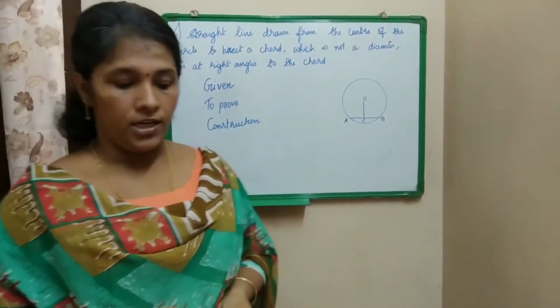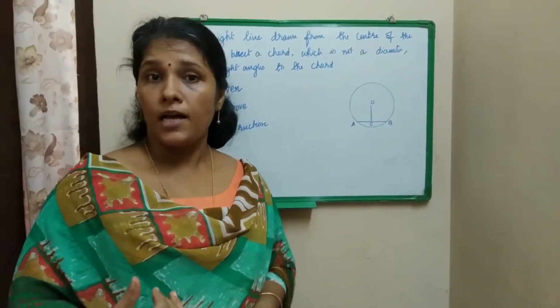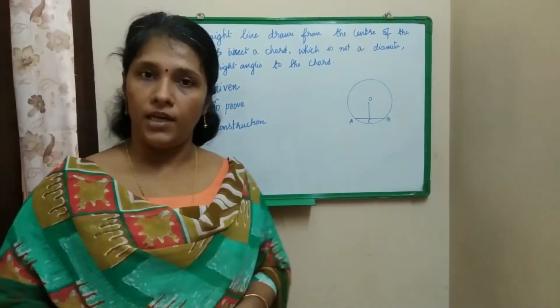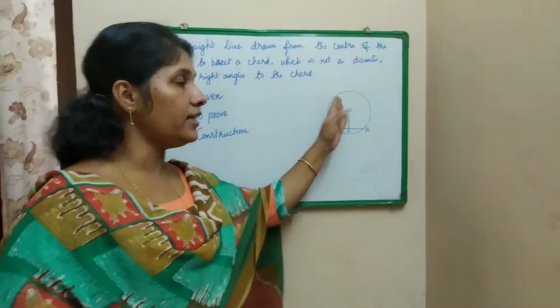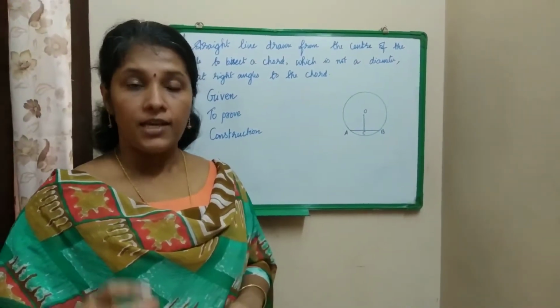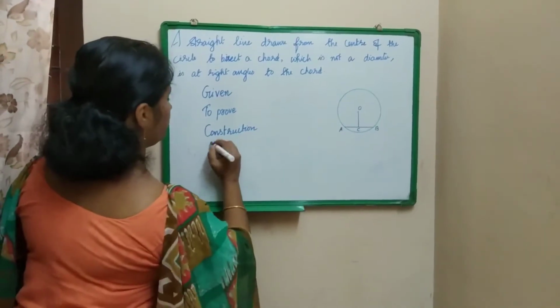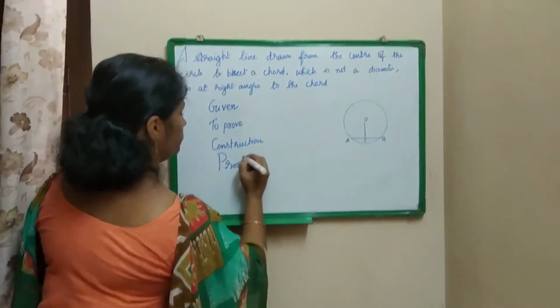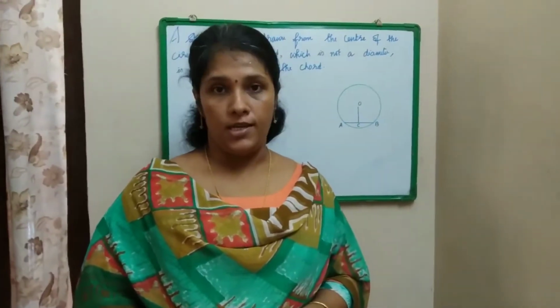In construction, there come the things that help us to prove the theorem, which we are going to construct in the figure. And the last thing is the most important part of the theorem, that's proof. In a proof, there are 2 things.